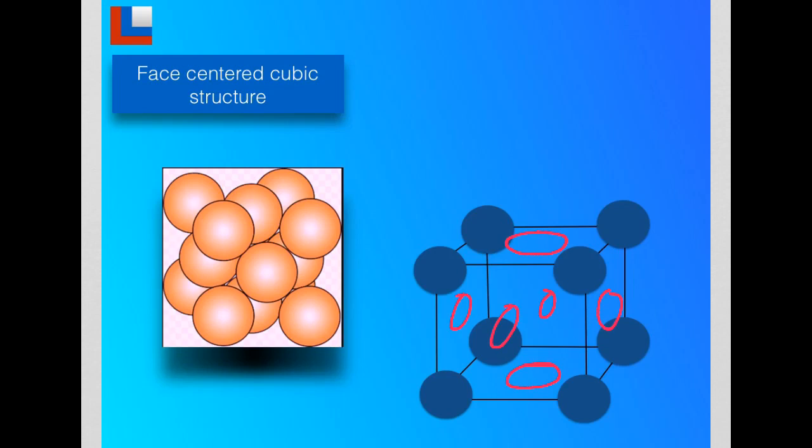So 6 atoms at the center of each face. The vertex atoms do not touch each other. The face atoms touch the vertex atoms diagonally, and they also touch each other, which can be clearly seen in the space-filling model.